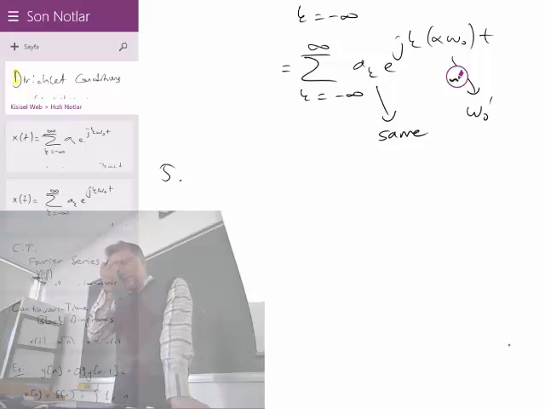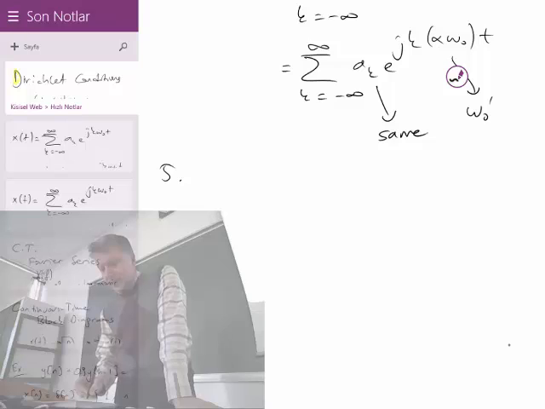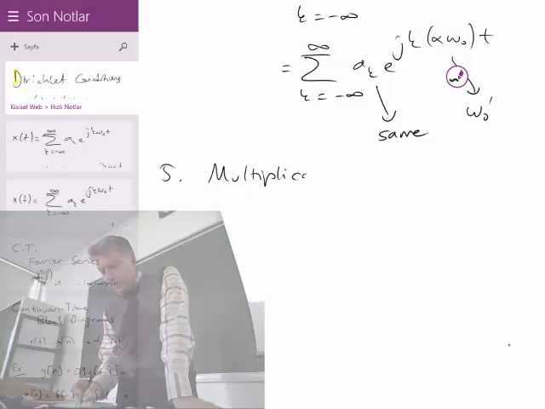This is quite a fundamental property, and we will be using it on different occasions. Not like this, we will be using it in a different manner, but this is a starting point, and that is called the multiplication versus convolution property.